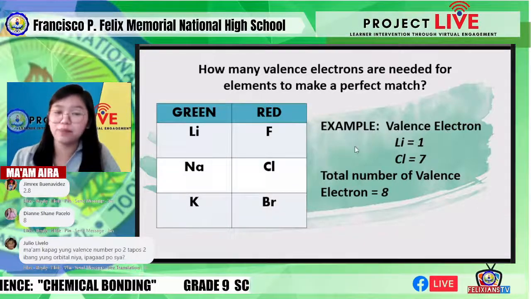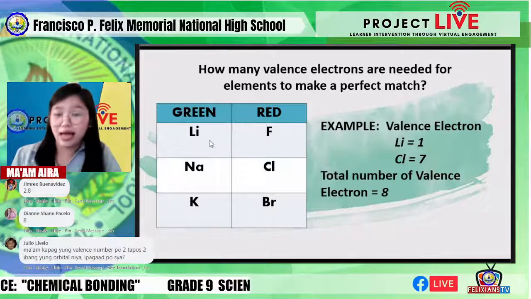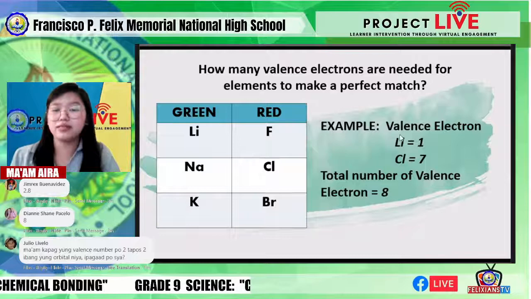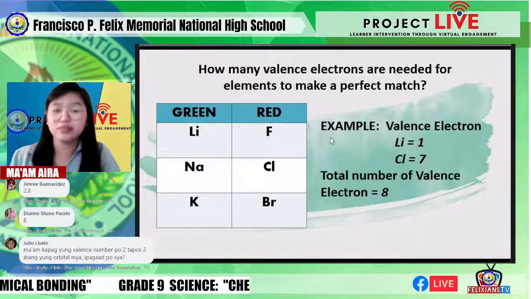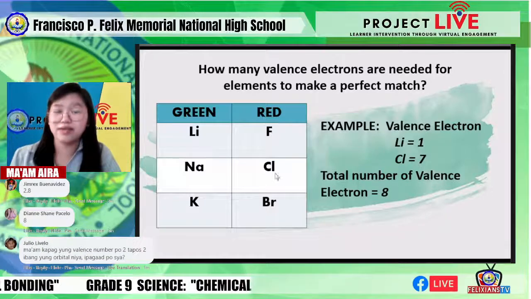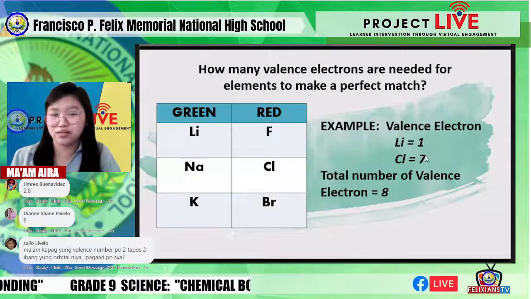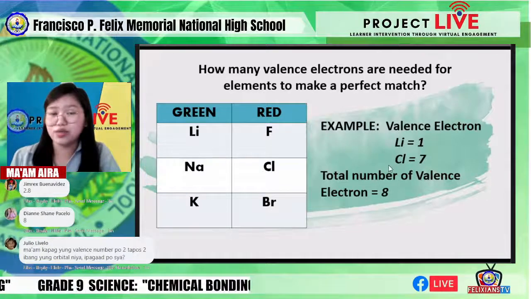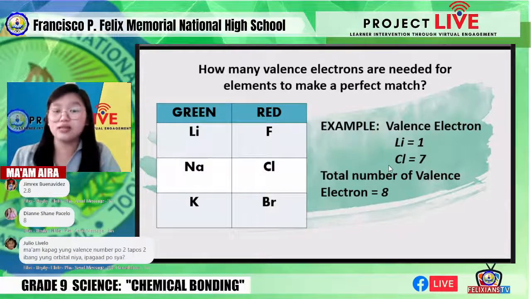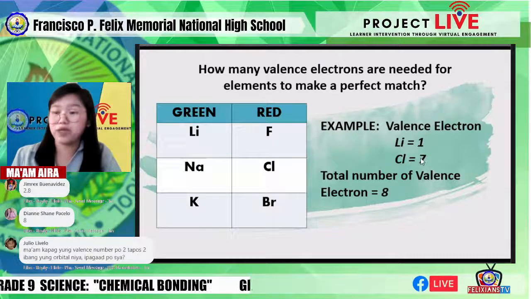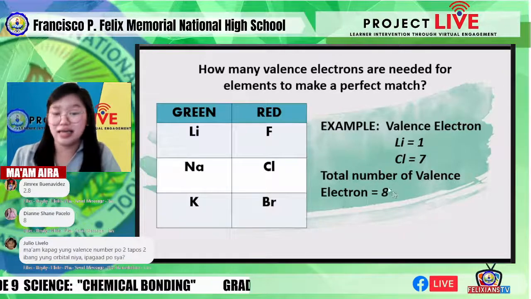Let's say, for example, I pick Li or lithium from the green column with the valence electron of 1, and I pick Cl or chlorine from the red column with the valence electron of 7. Then the next thing you need to do is to add the valence electrons. So 1 plus 7, that is 8.